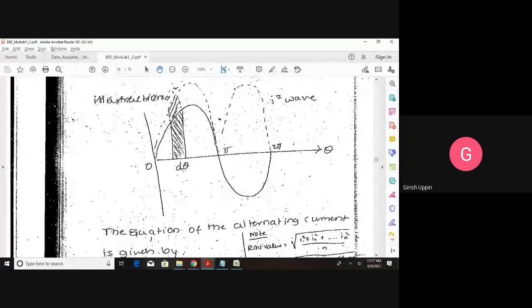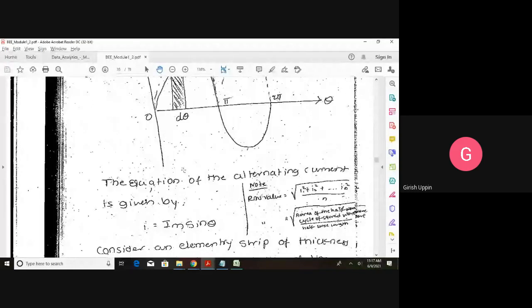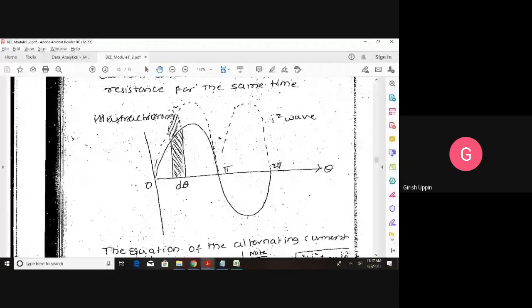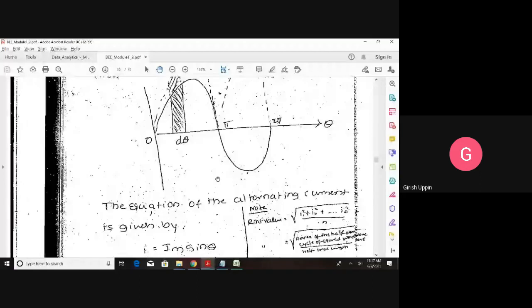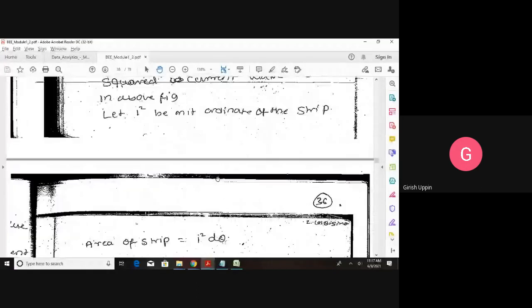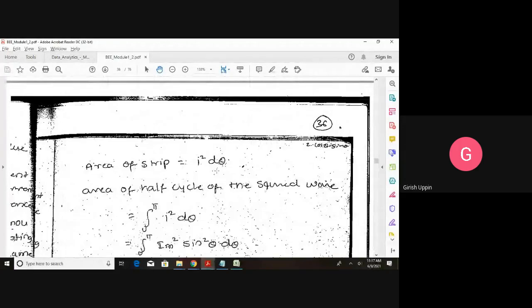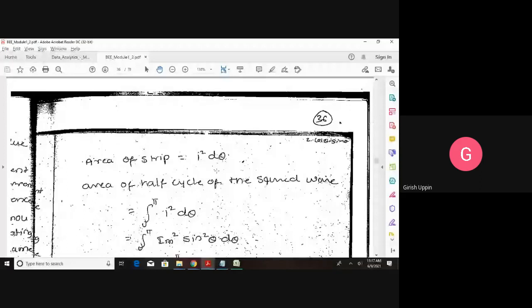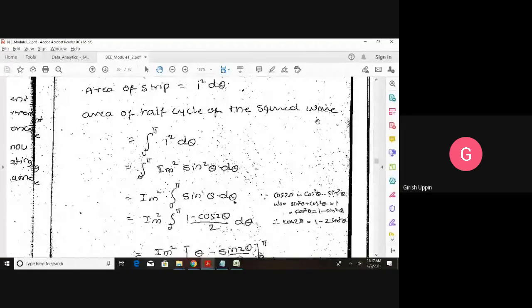Then how do we find the complete area of this half cycle? I'm going to integrate this strip from 0 to pi, and then I will get the area of the squared waveform. So if I want to calculate the area of the half cycle, I have to integrate I square d theta from 0 to pi.